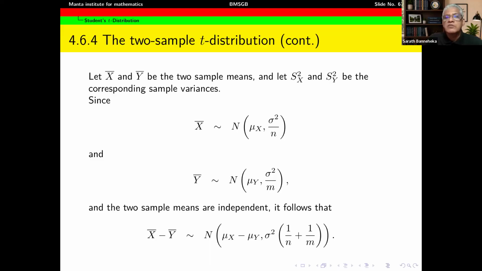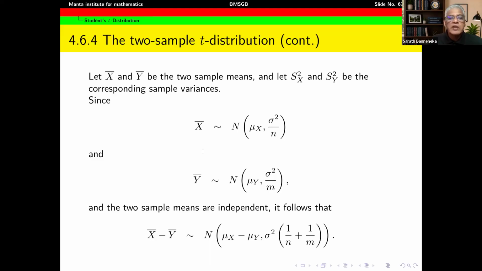In this case, we are considering both sample variances with the divisor n minus 1. Now we know already that x bar is normally distributed with mean mu x and variance sigma square over n. Y bar is normally distributed with mean mu y and variance sigma square over m.